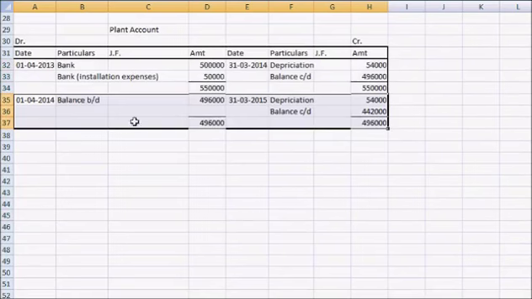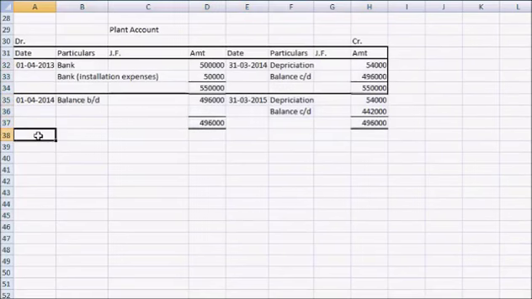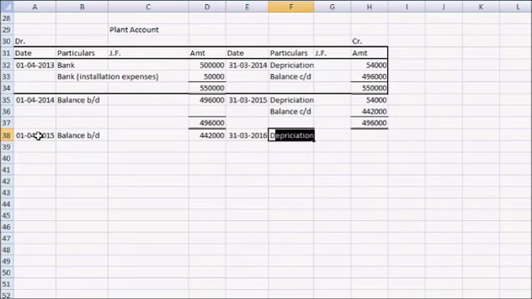So 1st of April 2015, balance brought down would be 4,42,000. Again, the depreciation for that year will remain same, right? Depreciation, the amount will remain same.